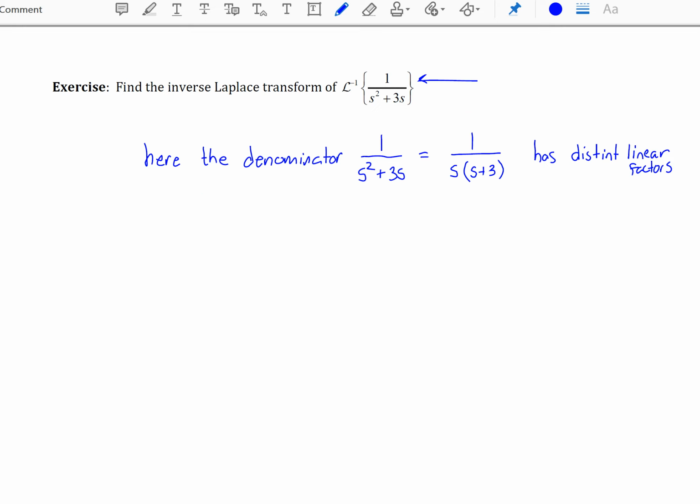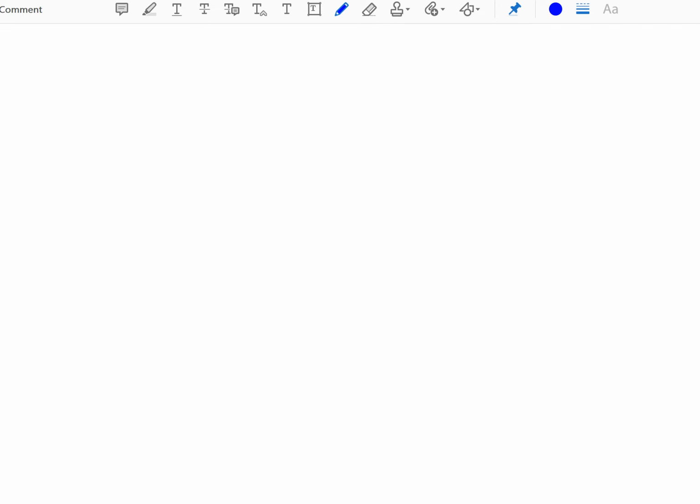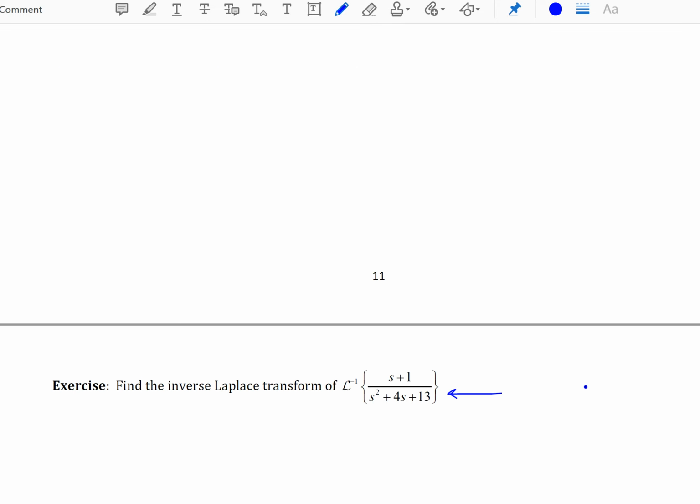Whereas in our next example that I showed you, your denominator is not factorable. And so we would need a different method for this one.